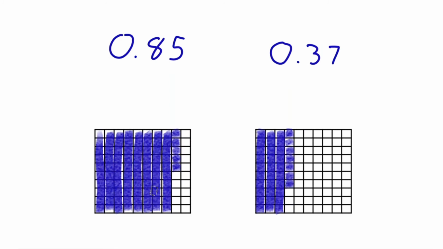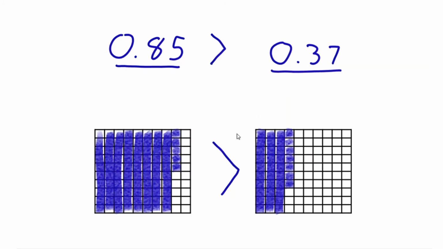So now we see that there is more here than there is here. So we would say this group is greater than this group, or 85 hundredths is greater than 37 hundredths.